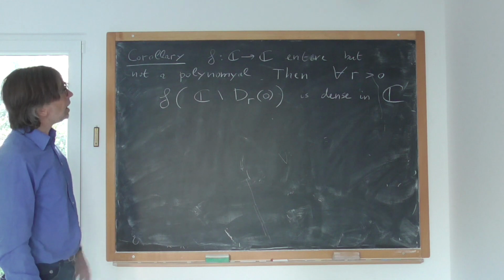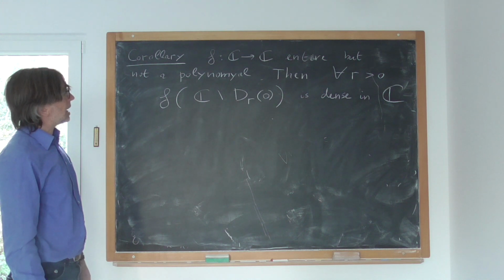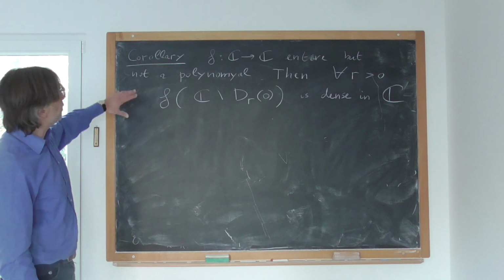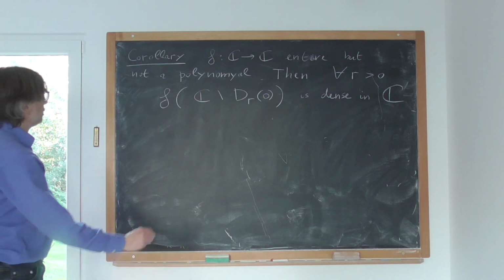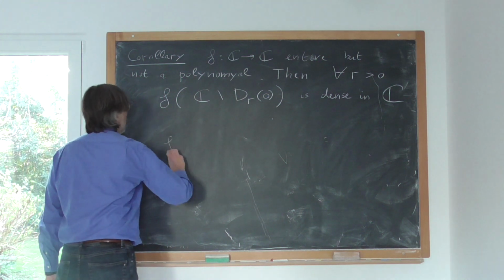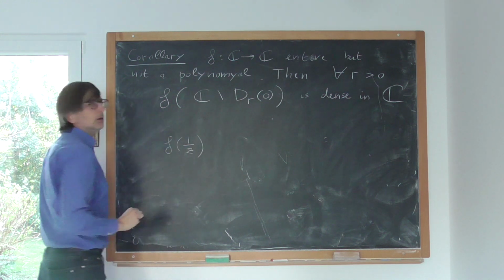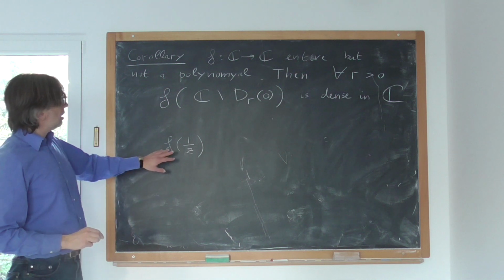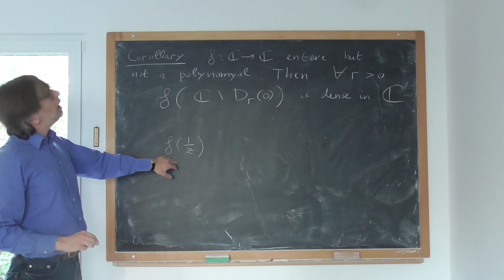Okay? So this is a corollary of the Casorati-Weierstrass theorem. To prove this, you just have to apply the Casorati-Weierstrass theorem to the function f of 1 over z. If you consider this function, it will have a singularity at 0.